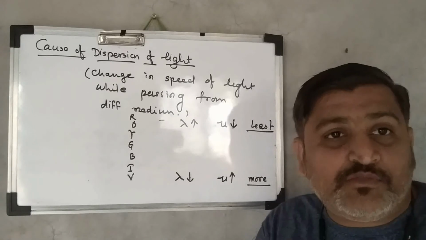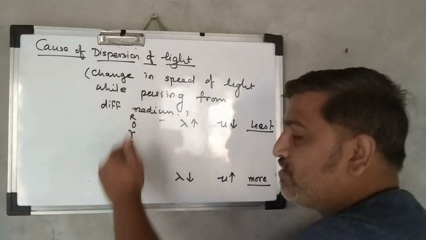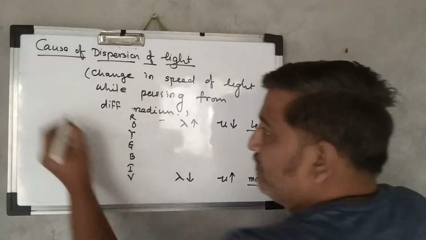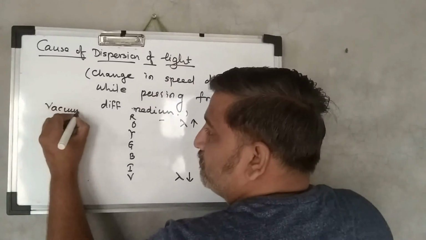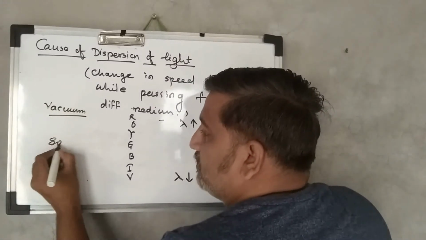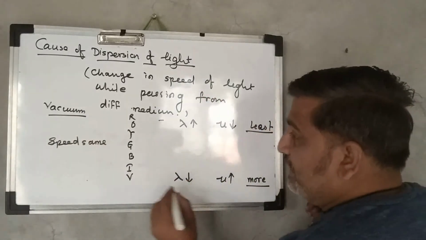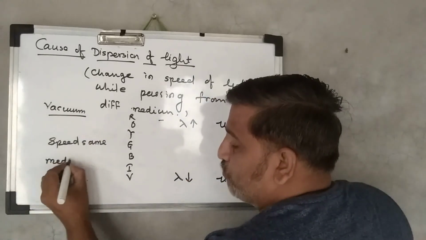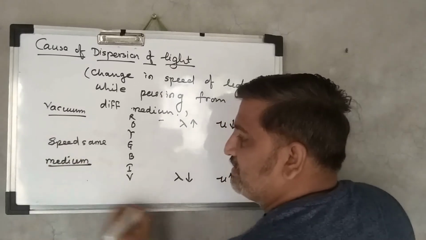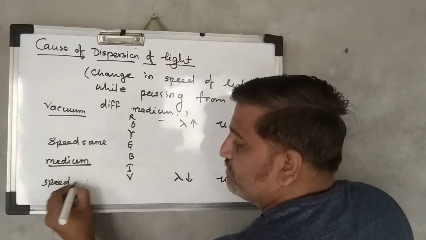In a vacuum, the speed of all the colors of light is the same. If I talk about a medium, another medium, if the color is going through any medium, the speed changes.